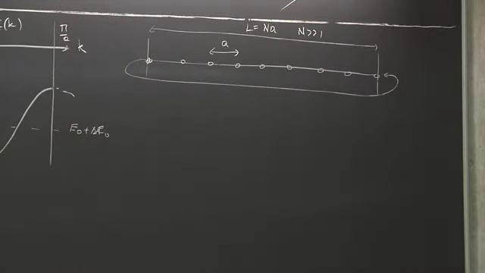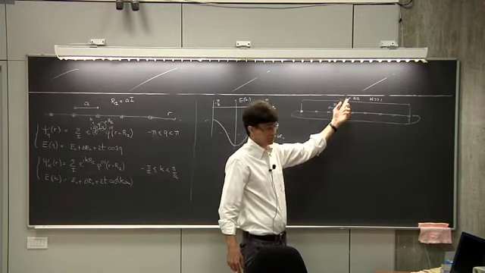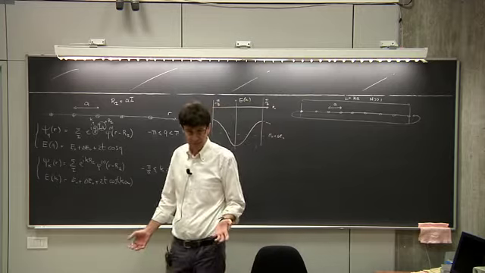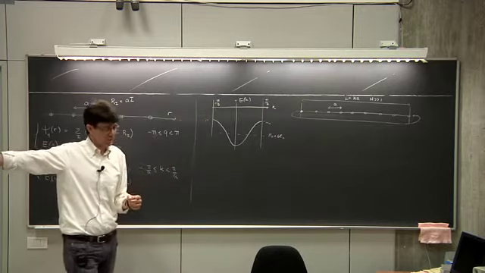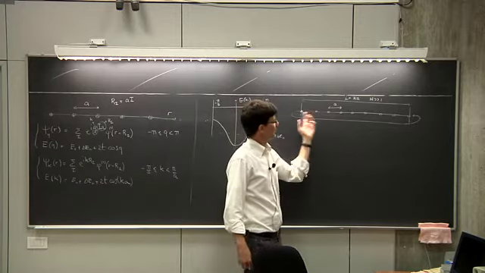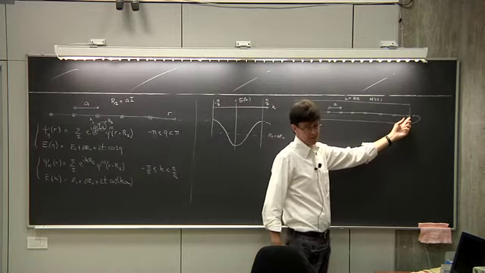Now, this is fictitious, but you all agree with me, I guess, that if I send n to infinity, these fictitious periodic boundary conditions are again irrelevant, because we're talking about something that is infinitely away from the bulk, and infinitely away from the bulk on the right side.